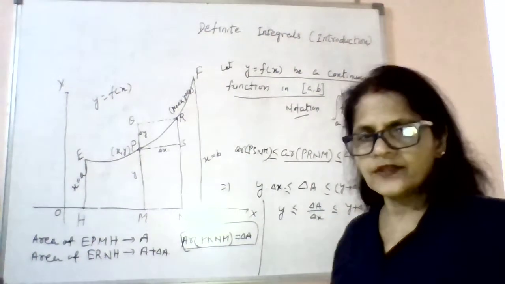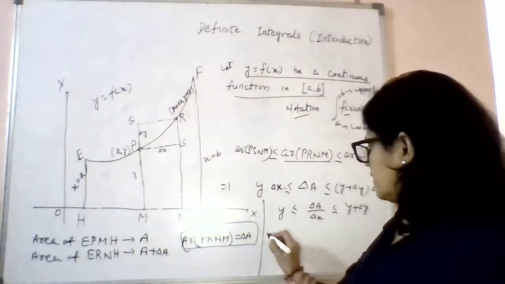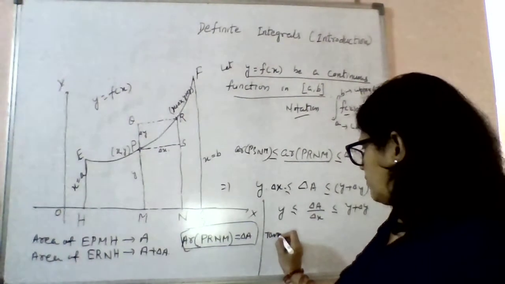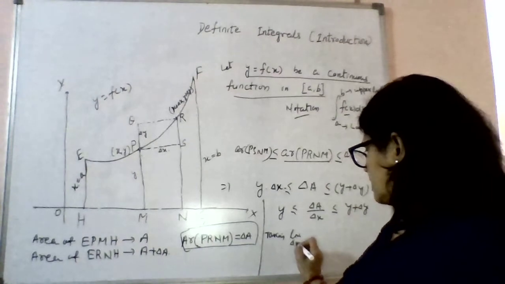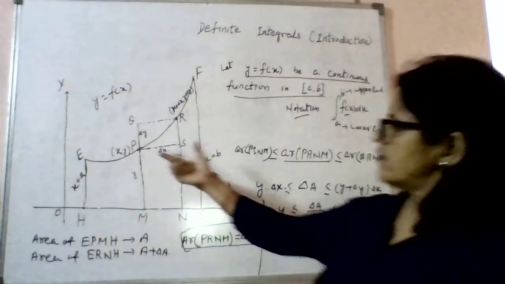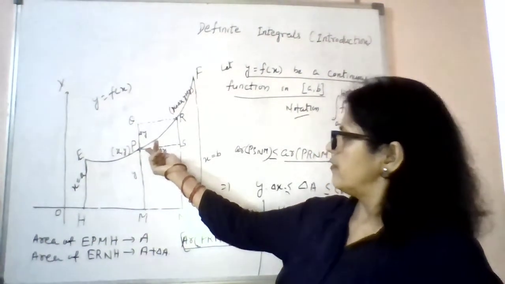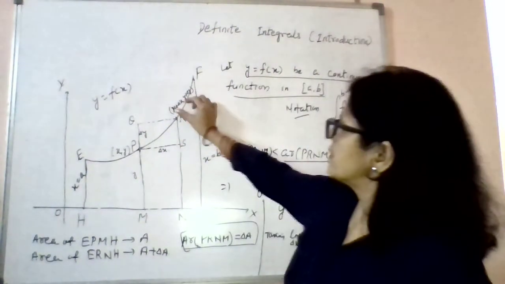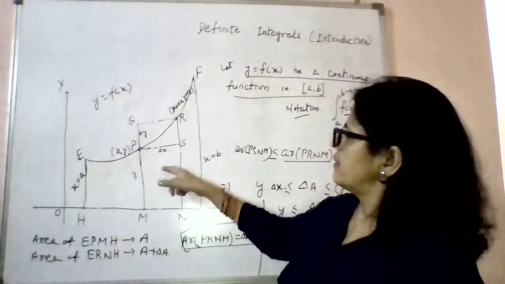Now taking the limit as delta x approaches 0: when delta x is very small, obviously delta y will be very small. So if delta x is smaller and smaller, delta y will be smaller.